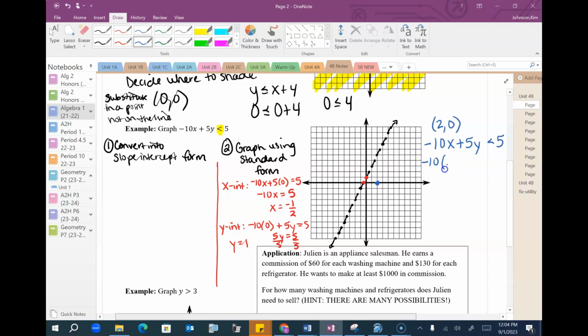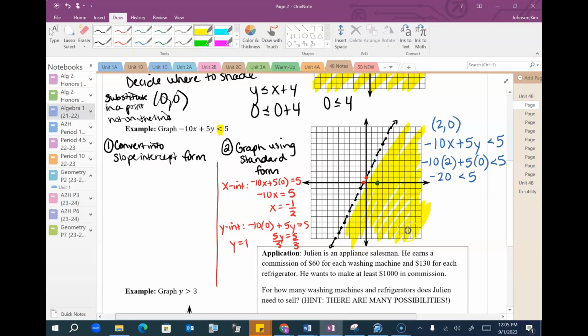So negative 10 times 2, plus 5 times 0. And the question is, is negative 20 less than 5? It is, so that means I need to shade that blue point and every other point that's on the same side of the line.